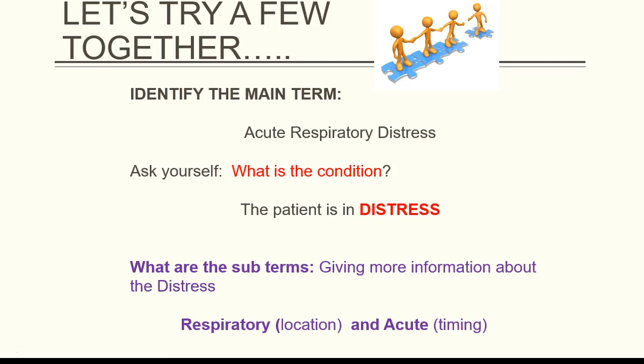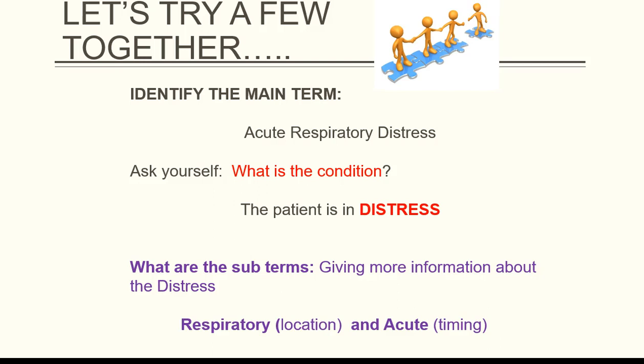We want to identify the main term in the diagnostic statement, acute respiratory distress. Now ask yourself, what is the condition? The patient is in distress. Now let's look distress up in our ICD-10 coding manual in the alphabetic index. Remember, it's going to be in red.